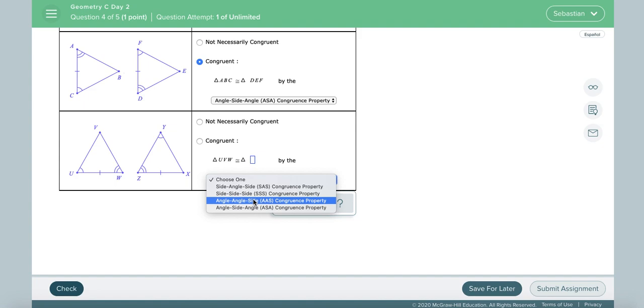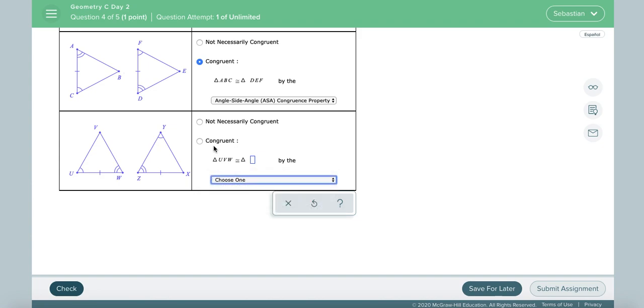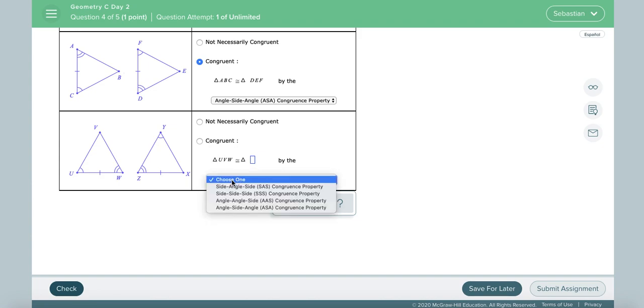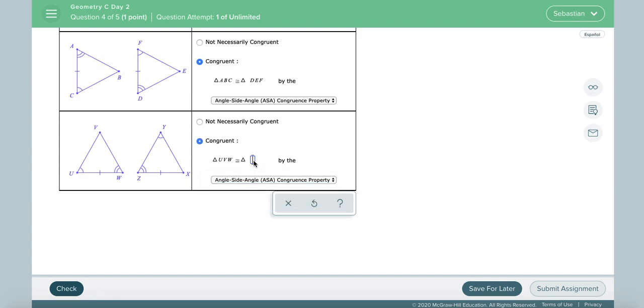ASS is a donkey. Okay, it's not a congruence property. So this would be ASA, and let's look at the triangle. So U corresponds with the Y, the V corresponds with the X, and the W corresponds with the Z. And just like that, we should be good, okay?